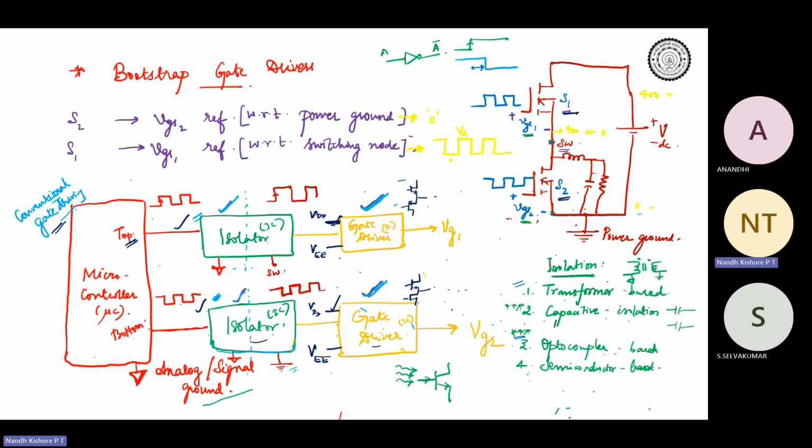For the top side, you will have separate VDD and VEE with respect to the switching node. For the bottom side, you will have a separate VDD and VEE with respect to the ground. Only then can you get plus 15 and minus 5 for the top side and bottom side separately. So the idea is, can I have only a single supply which will allow me to drive both S1 and S2? I want to have only a single VDD, but be able to drive both S1 and S2. Do you get the motivation?